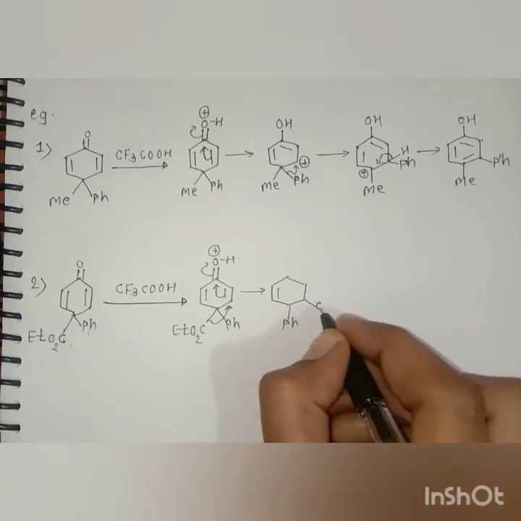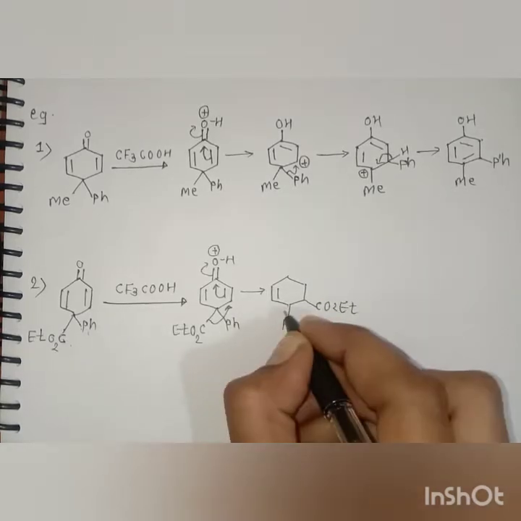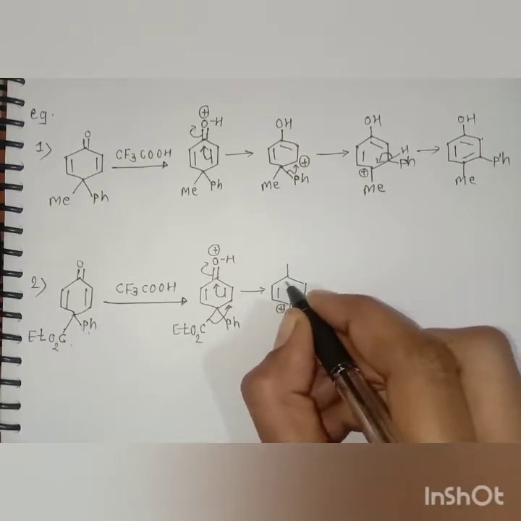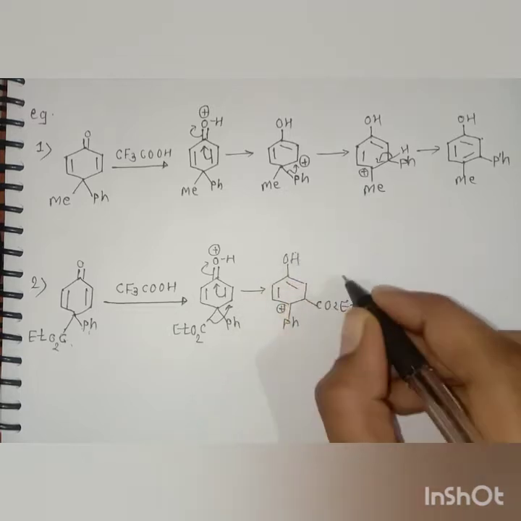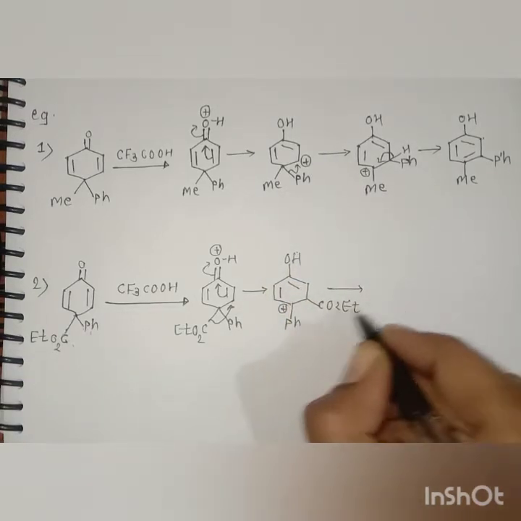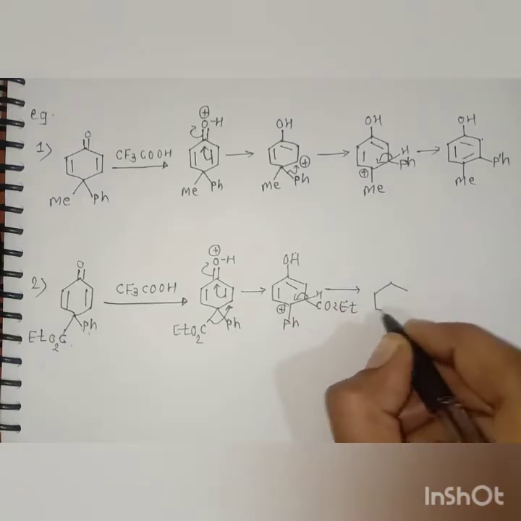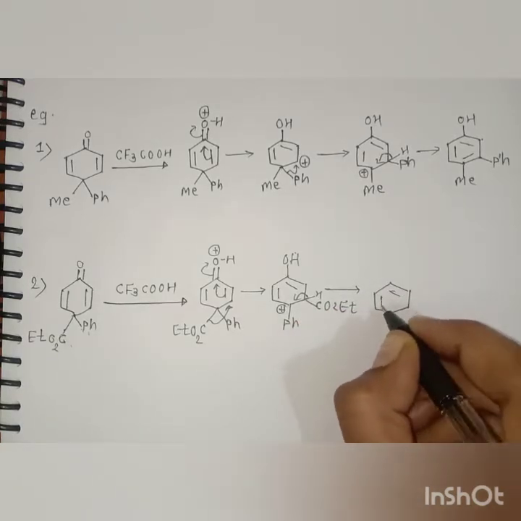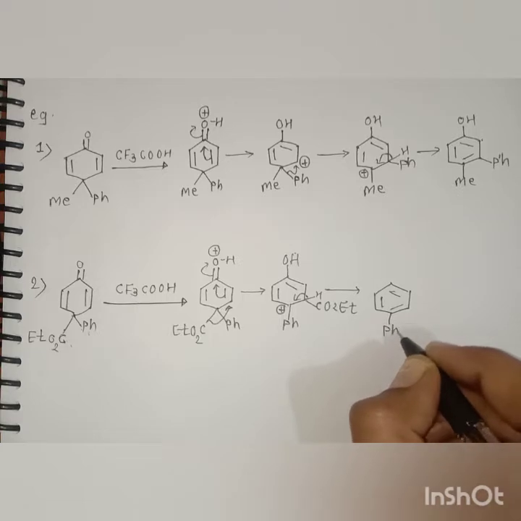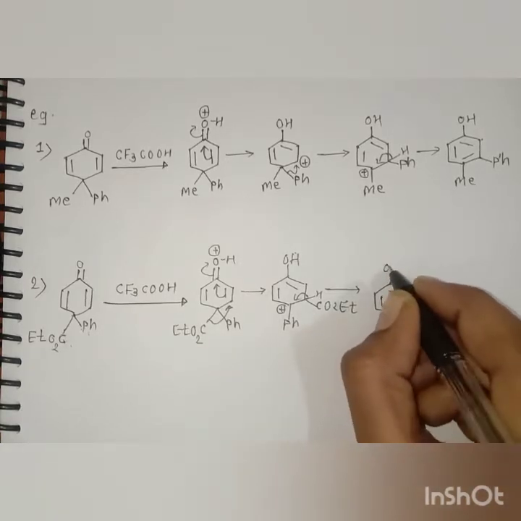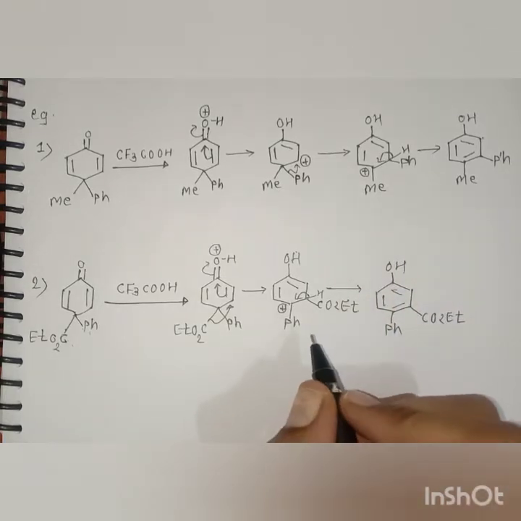And the formation of carbocation takes place near to phenyl group, which will stabilize the carbocation. And in the next step, regaining of aromaticity takes place. This was the same question asked in one of the previous year NET exams.